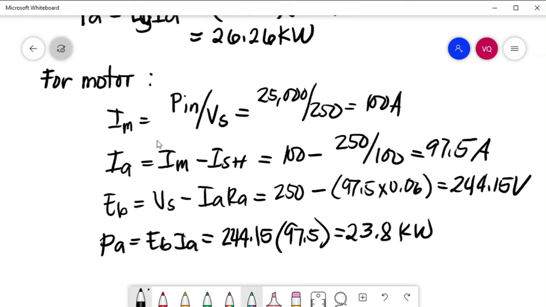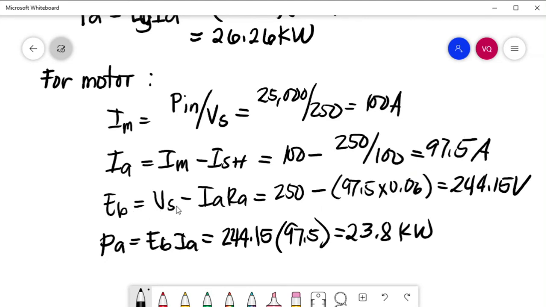For the motor, we have the input current in the motor. The input power, which is 25,000, divided by the source voltage of 250 volts, is equal to 100 amperes. From our discussion earlier, IA for a shunt motor is equal to the motor current minus the shunt current, which is 100 minus 250 divided by 100, that is 97.5 amperes.